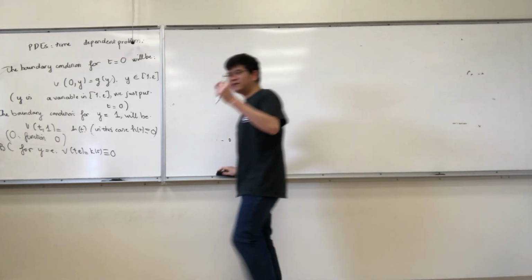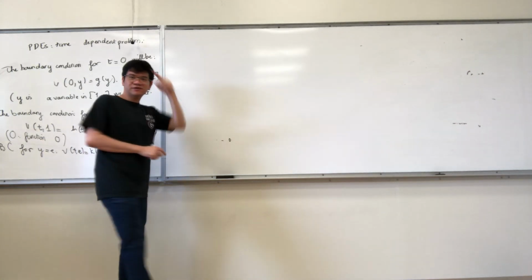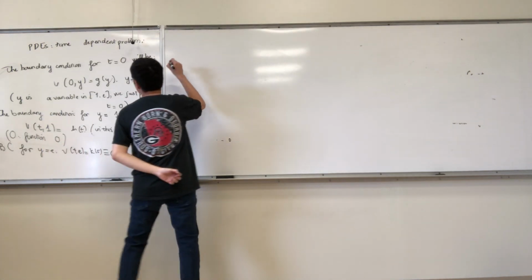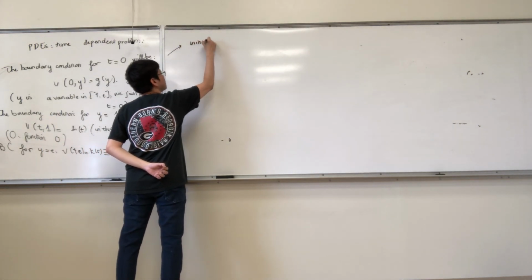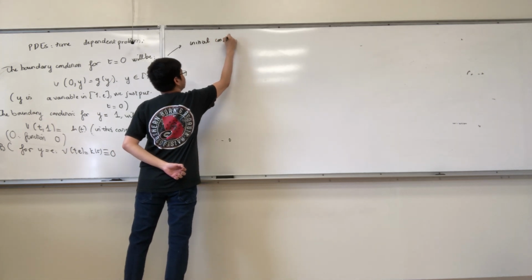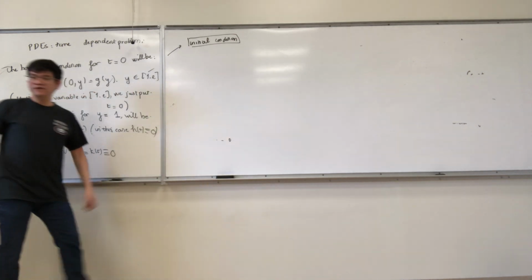So now we only need 1 condition for t. So what is the name for this boundary condition? Initial condition. Initial condition, yes. So this is called the initial condition, because you only need one.